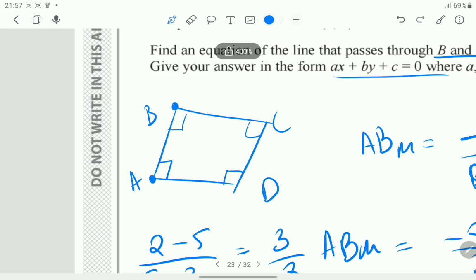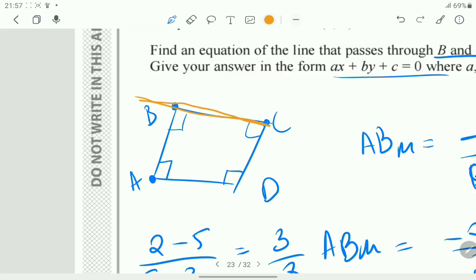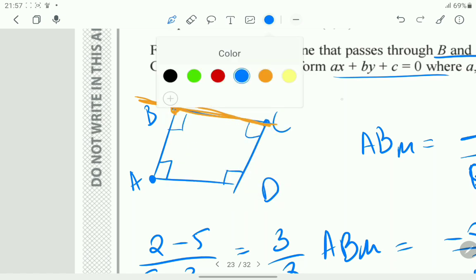Now we are not interested in the point C, we are interested in the line that cuts through B and C, and for that line we have the B coordinate and we have the gradient, so we can easily form an equation for this line.